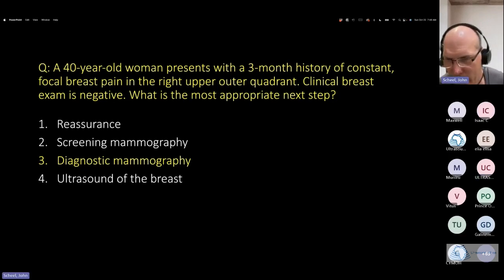So you can't get a screening mammography or screening test in someone who has symptoms. You get a diagnostic test. Now, in the US, we start with mammography because she is 40 years old. But in Uganda, you would likely start with ultrasound and only move to mammography if it was available.